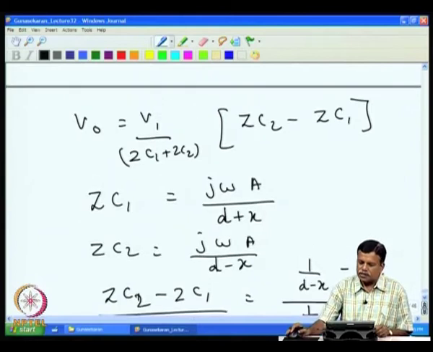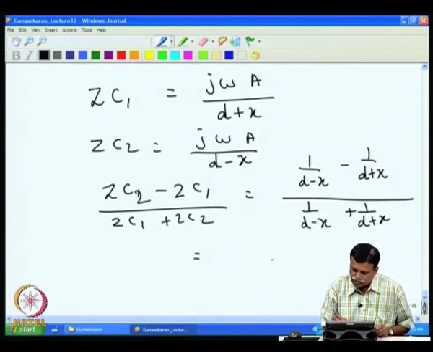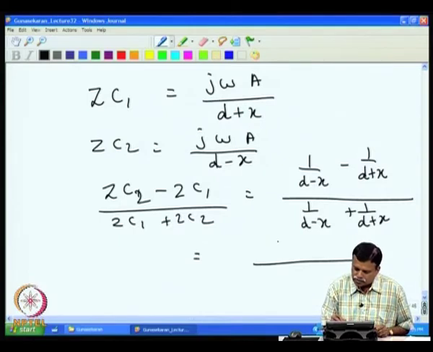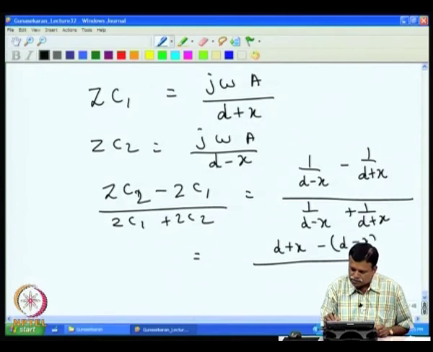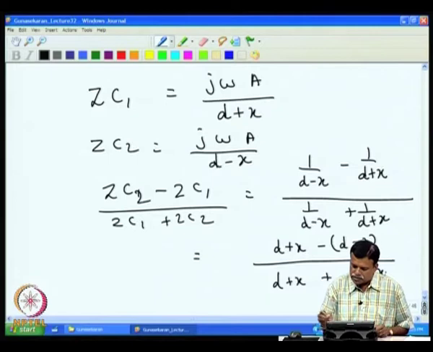That is what the term comes out as. If we simplify this, the bottom terms are actually constant. So, you will get d plus x minus d minus x divided by d plus x plus d minus x, because if we take a common factor, it goes off. So, you will get the net result as this.